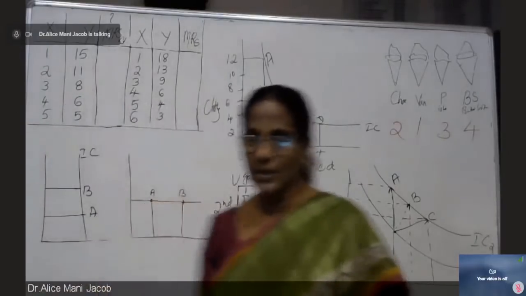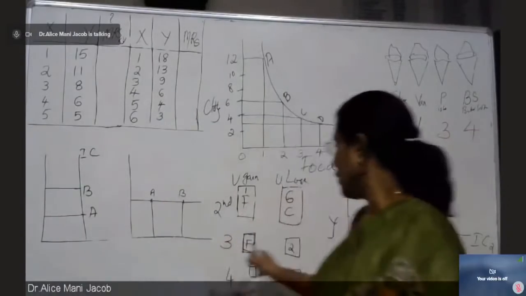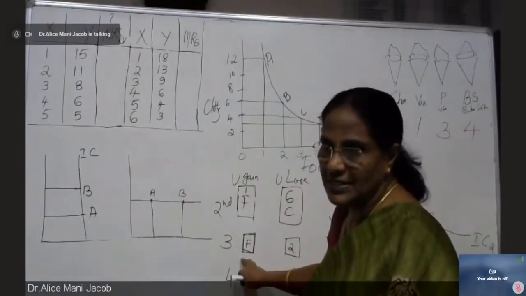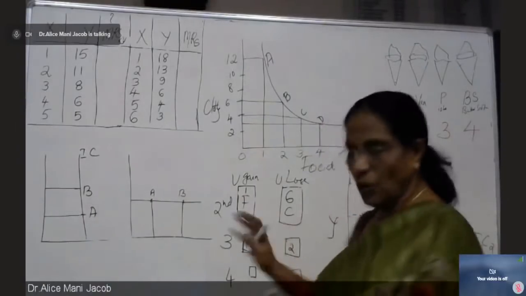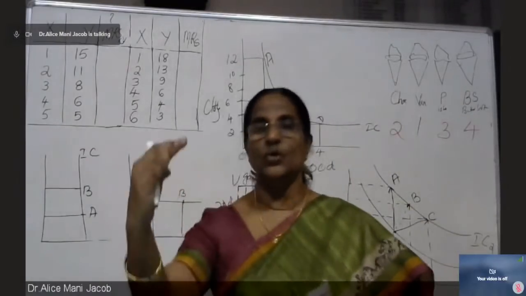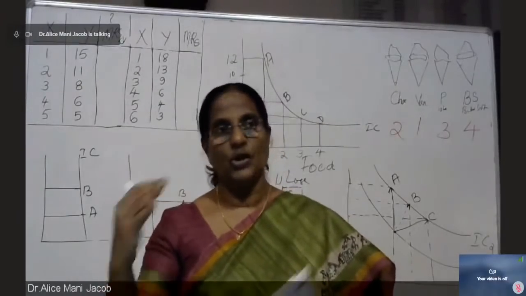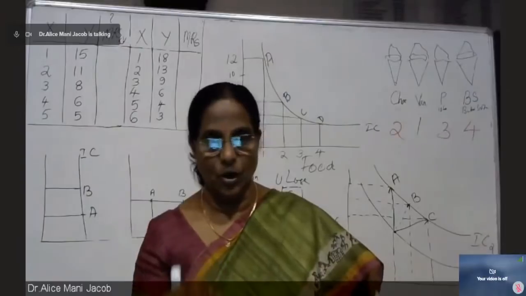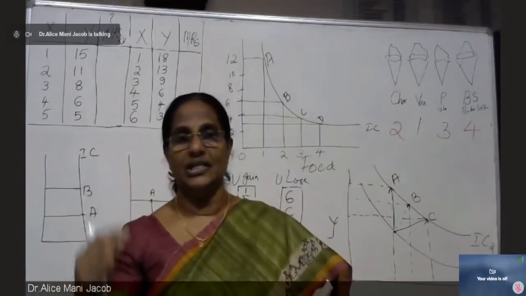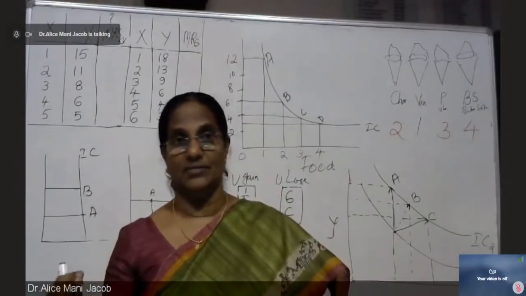Because of the operation of the law of diminishing marginal utility, next time the utility of the additional food decreases, and so you need to give up only less. And when your clothing reduces, your utility for clothing actually increases. So what you lose in terms of clothing, you gain in terms of the additional unit of food, so that you remain at the same level of satisfaction.